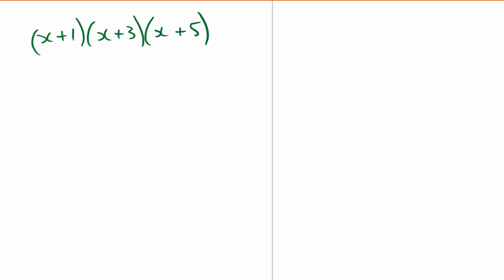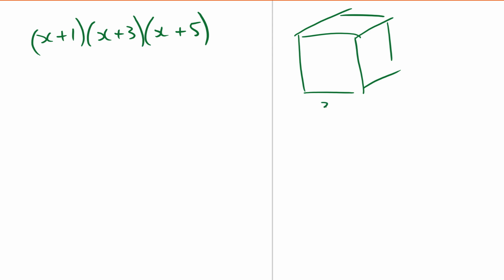It's like a volume. So this is now like the volume. So it's got an x plus 1 times an x plus 3 times an x plus 5. How do you find the volume of that shape?